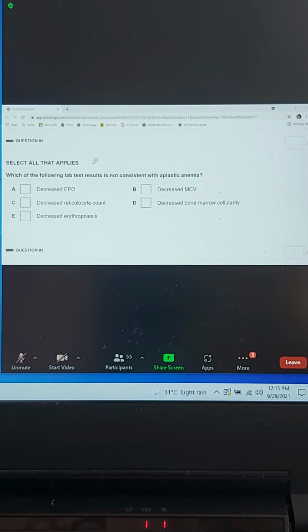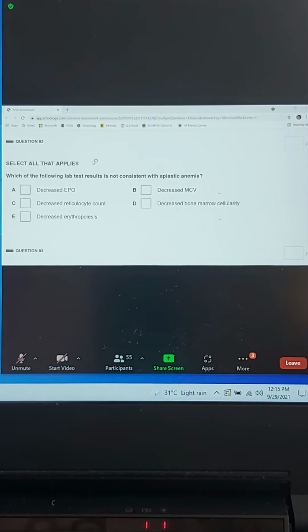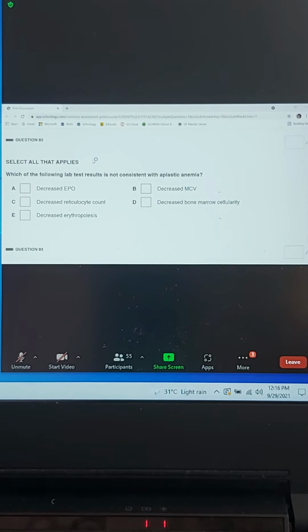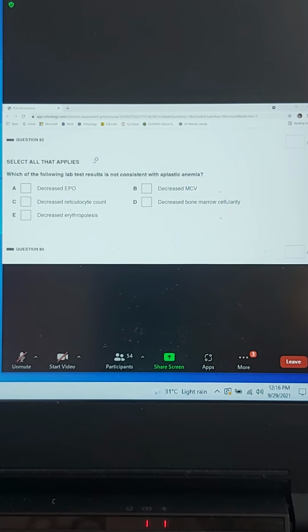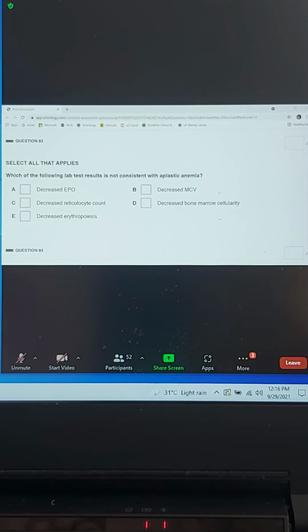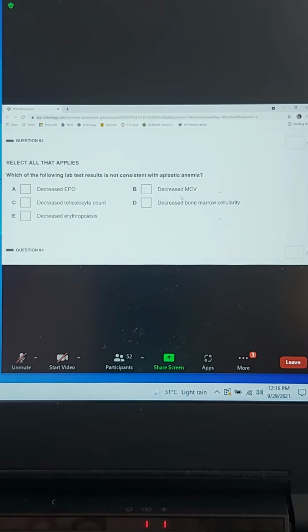No. It can be normocytic. So letter B is not consistent, because usually it is normocytic to macrocytic.